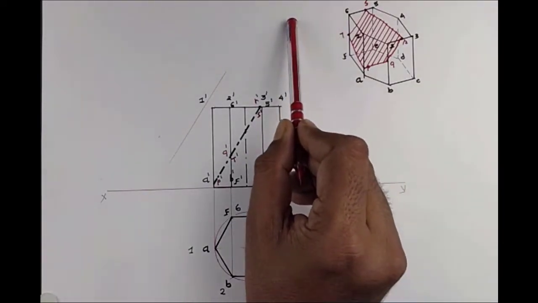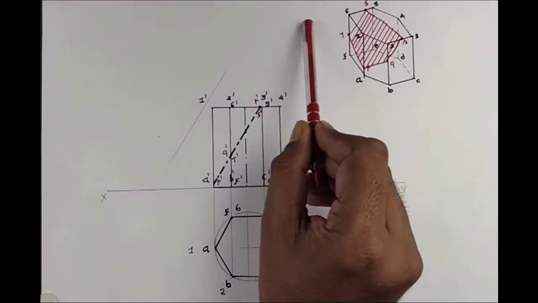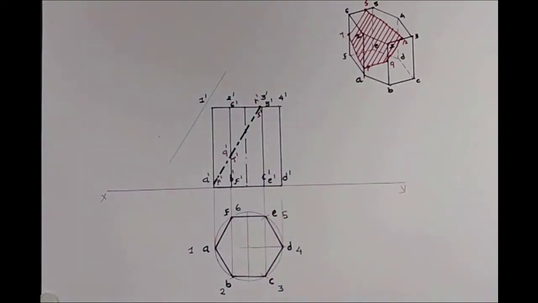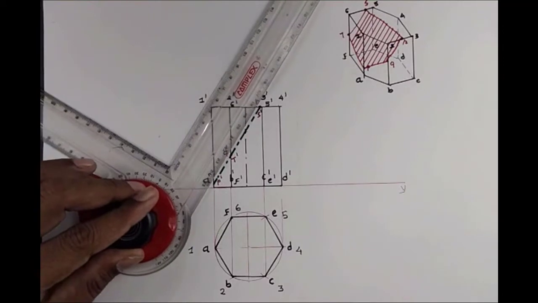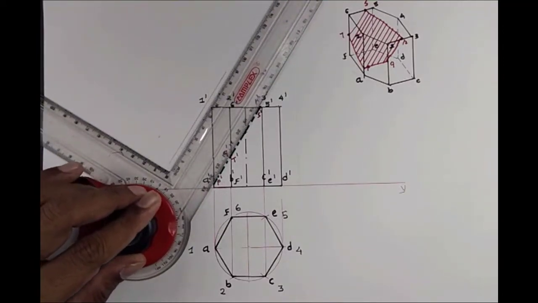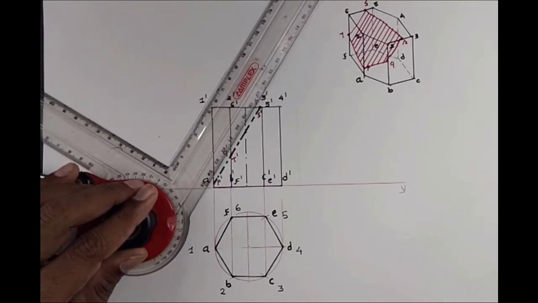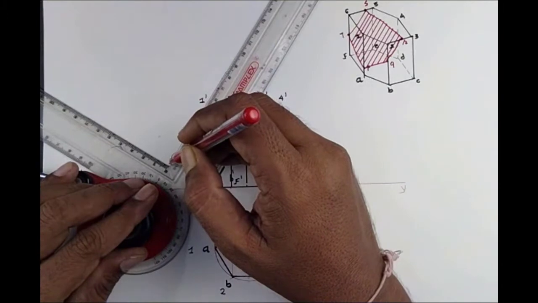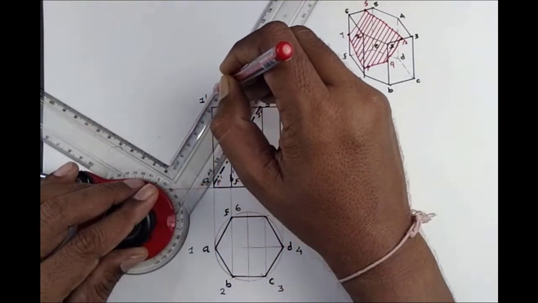So for that, we take a line parallel to our AIP cutting plane. I draw one light line which is parallel to my AIP, the auxiliary inclined cutting plane.